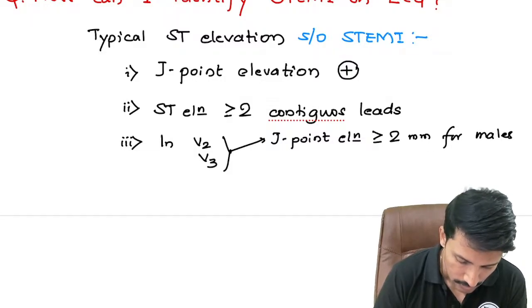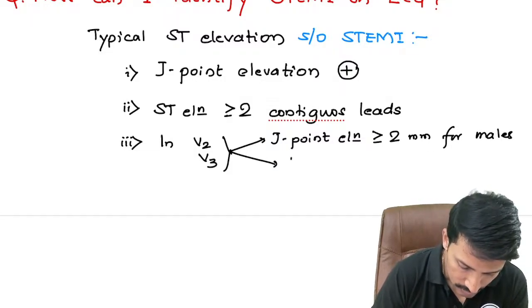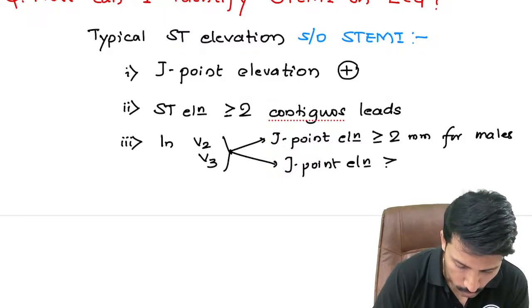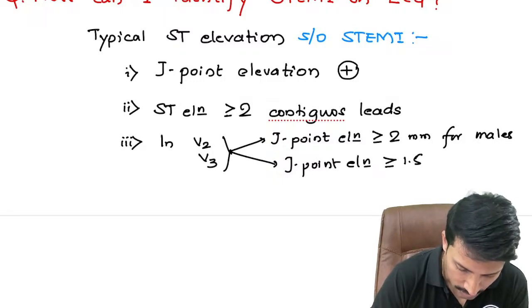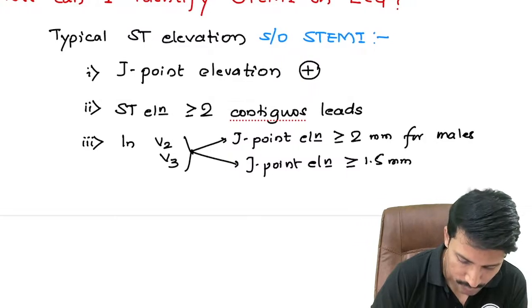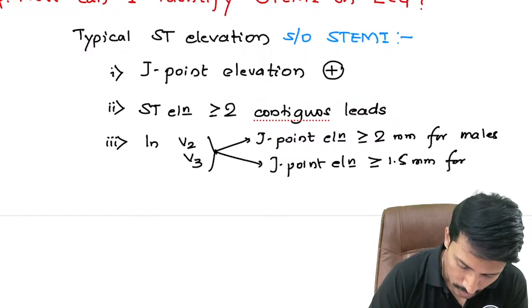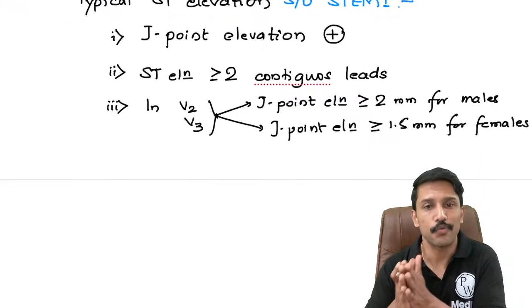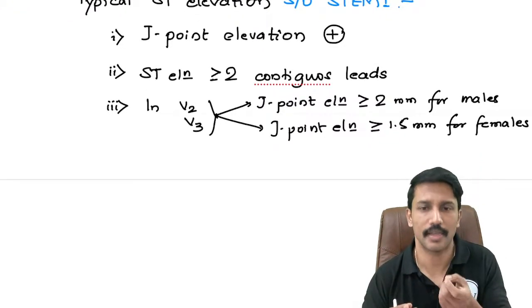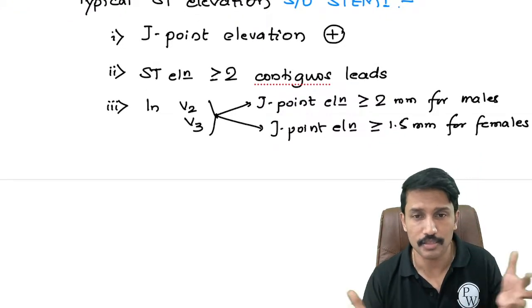males, and J point elevation of greater than or equal to 1.5 millimeters, 1.5 boxes, for females. This applies only to leads V2 and V3, where we often have 1 millimeter elevation even as a normal variant.